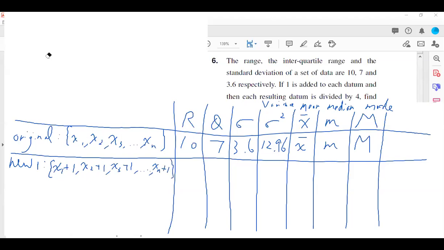Okay? And then we will see what is the change. What is the change in the range, interquartile range, standard deviation, and everything.